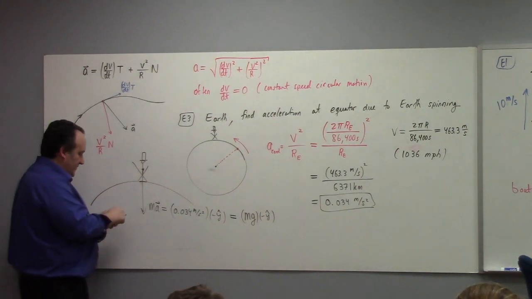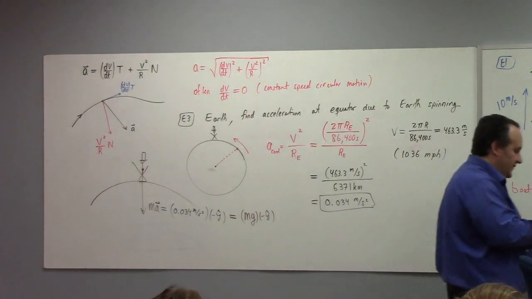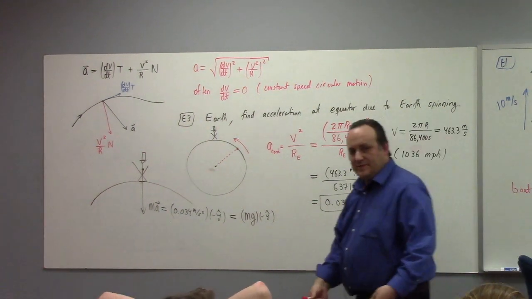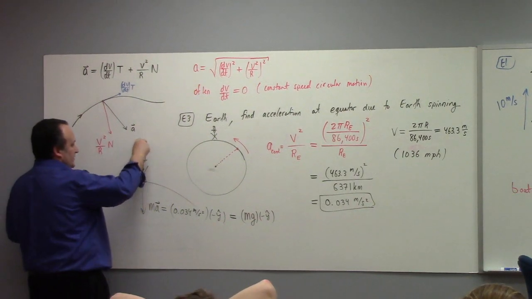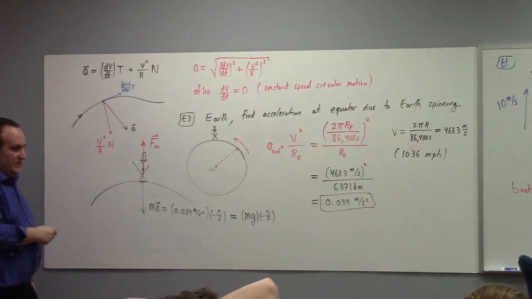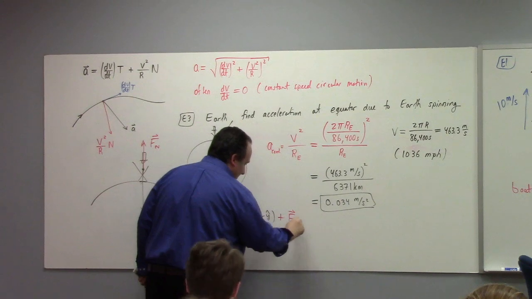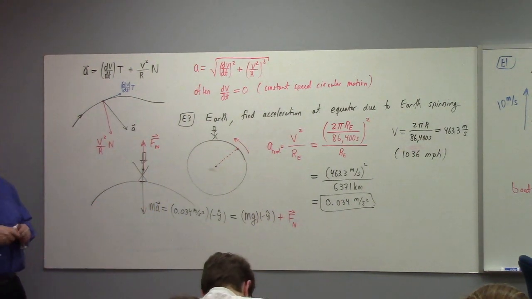There are only two forces at play. If there wasn't this other force, what would happen to Mr. Top Hat? He would fall into the Earth, right? So what's keeping him from doing that? The normal force, right? So this plus the normal force is equal to that. Yes?